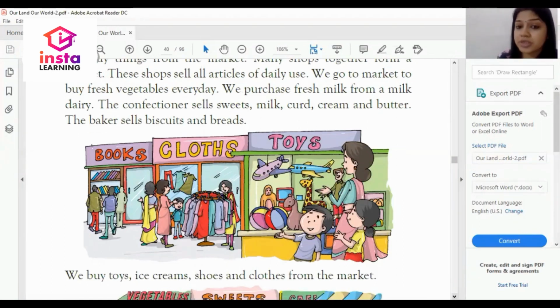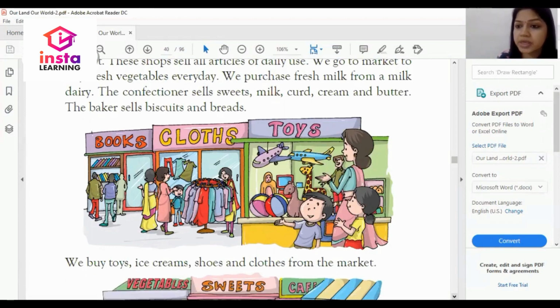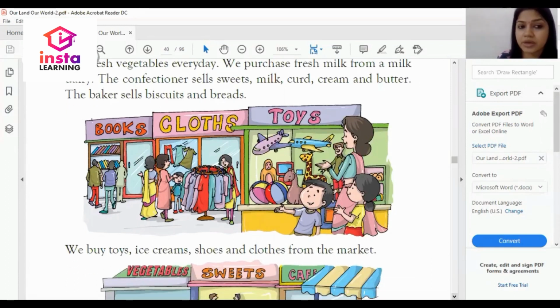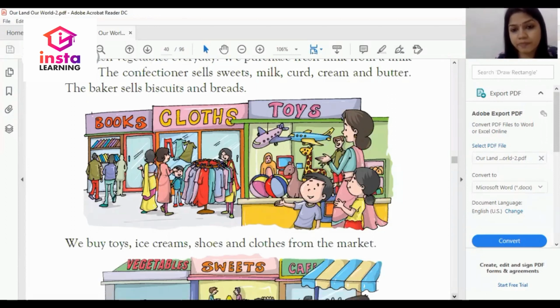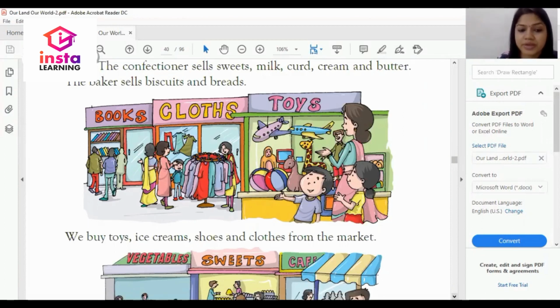The confectioner sells sweet, milk, curd, cream and butter. What confectioner sells? Sweets, milk, curd and butter. The bakers sell biscuits and breads. What baker sells? The baker sells biscuit and breads.